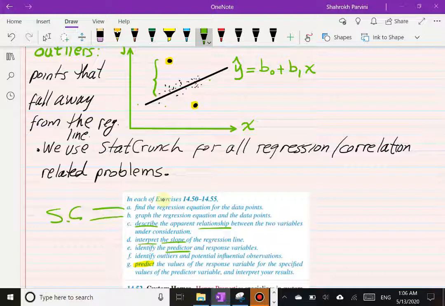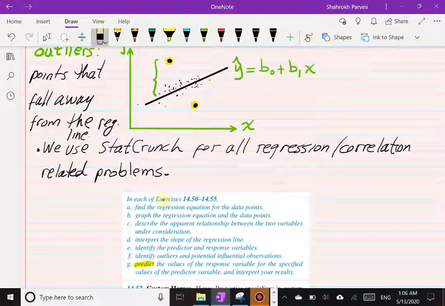Identify predictor and response variable. We will do that. Identify outliers and potential influential observations. We've talked about all of those terminologies. And finally, in part G, we're going to use the regression line to make our prediction. That's what it's good for. First I'm going to show you the answer to the exercise, then we'll go to StatCrunch and do this together and we'll be done.